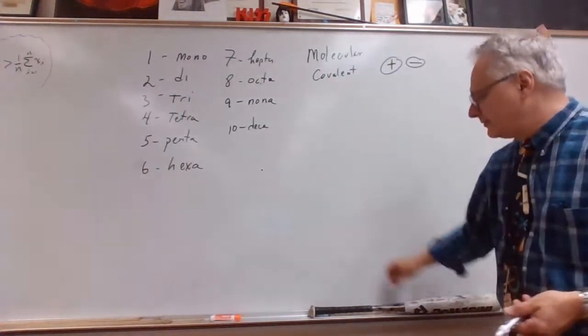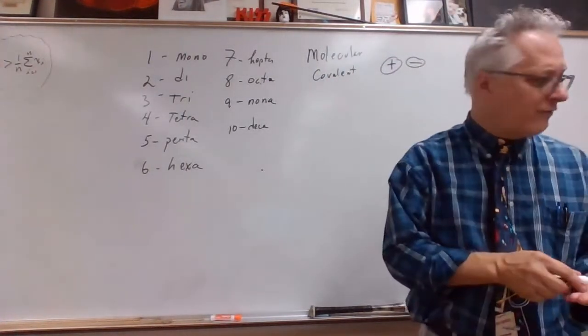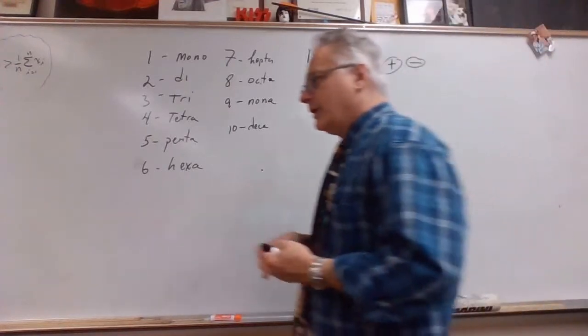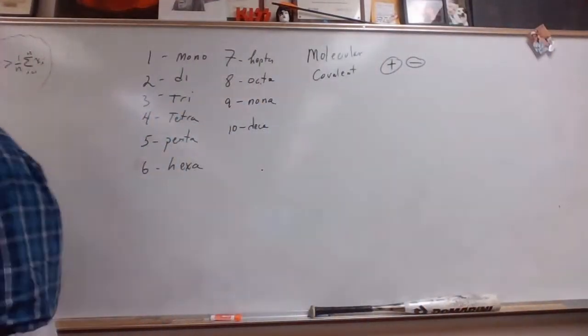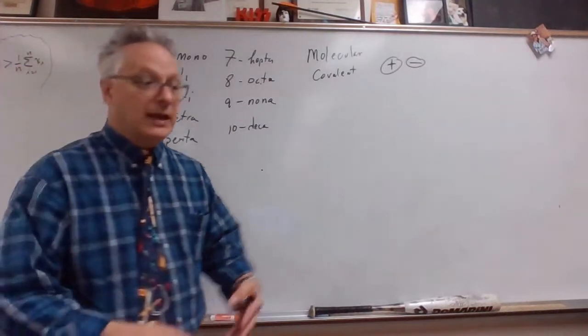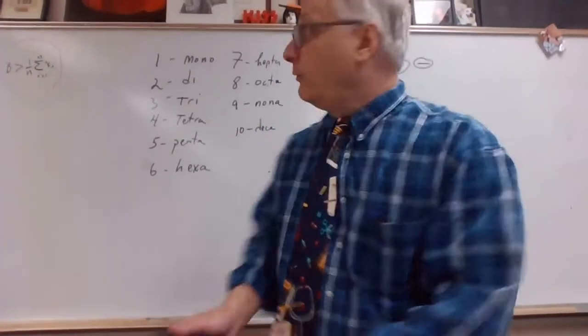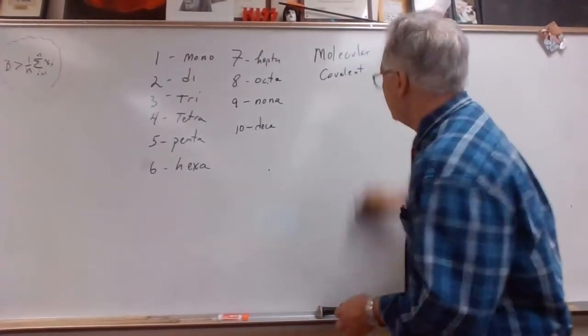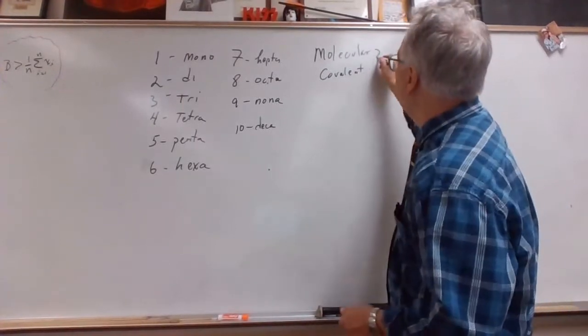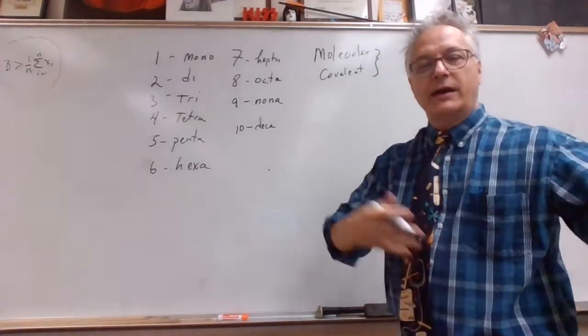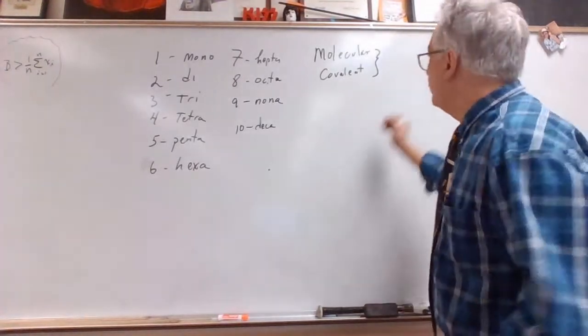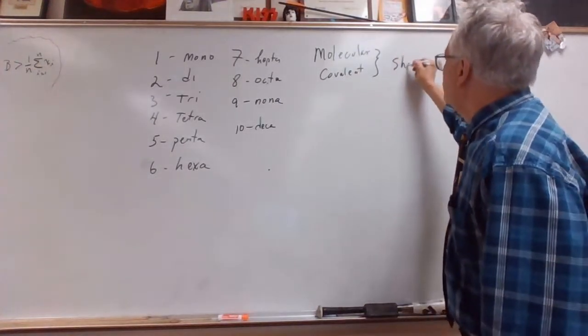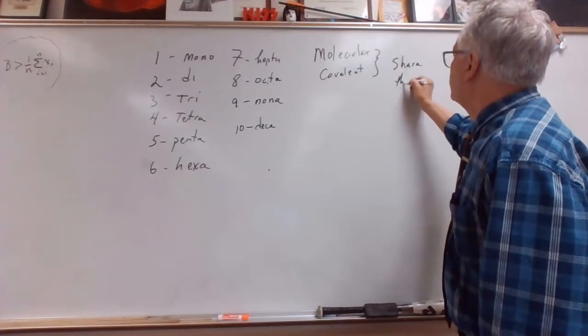But today we're going to learn about this strange world of covalent compounds where elements can combine in different ratios. And the reason they can is because in these types of chemical compounds, we don't have cations and we don't have anions. We have a situation where they share their electrons.